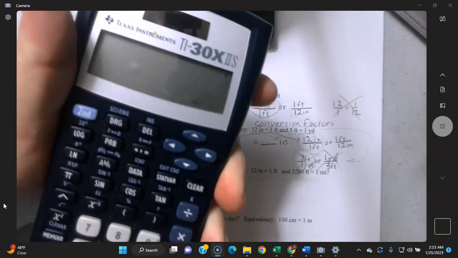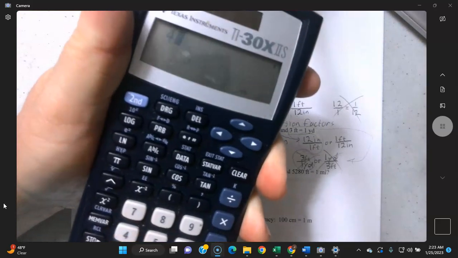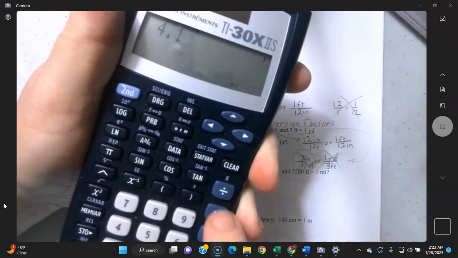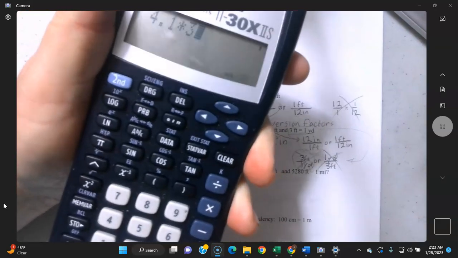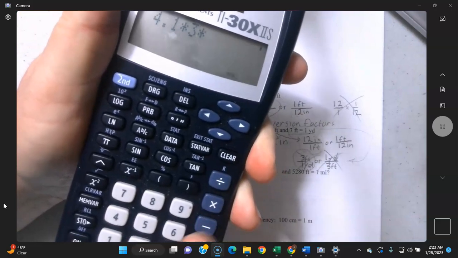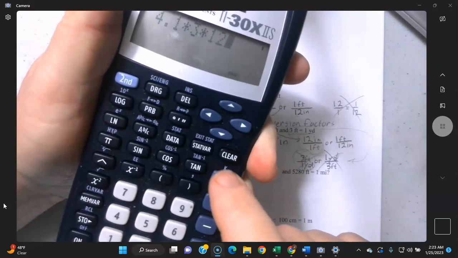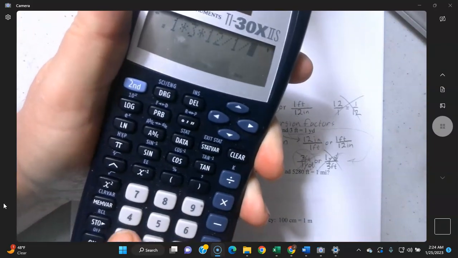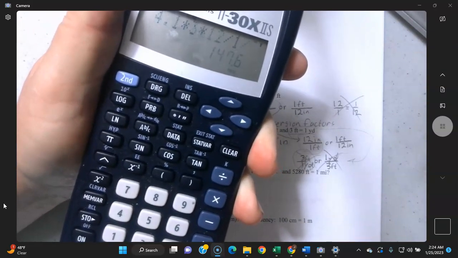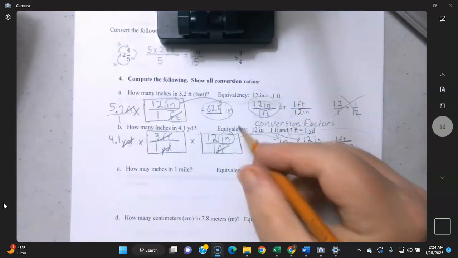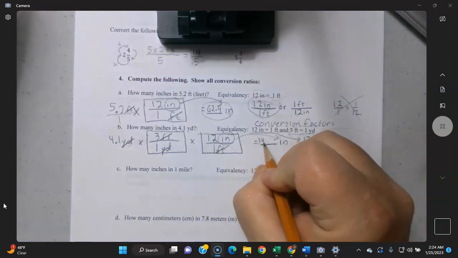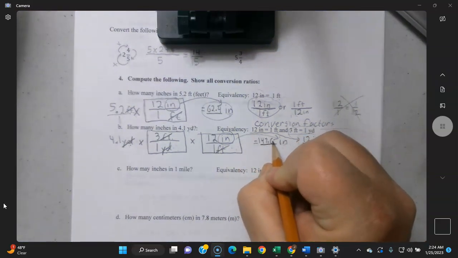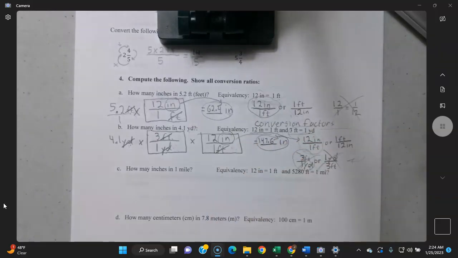It's going to look like this. 4.1 times 3 times 12 divided by 1 divided by 1. And you hit equals, and that gives you 147.6. And that's your final answer. That's how many inches in 4.1 yards.